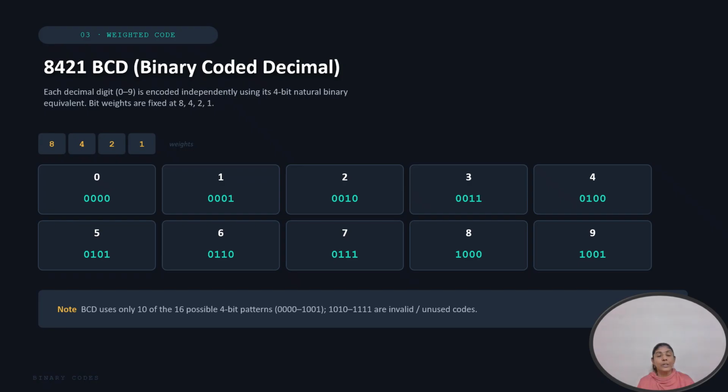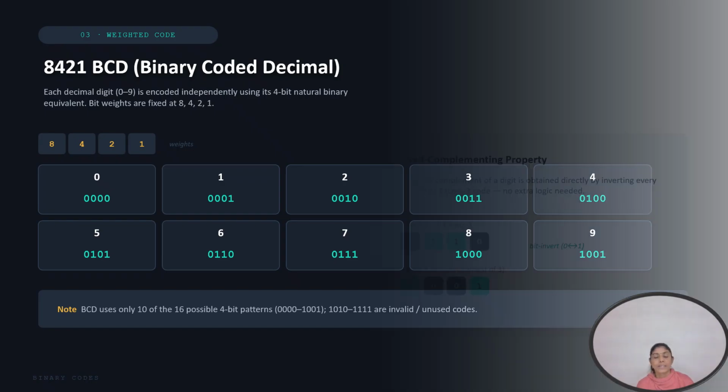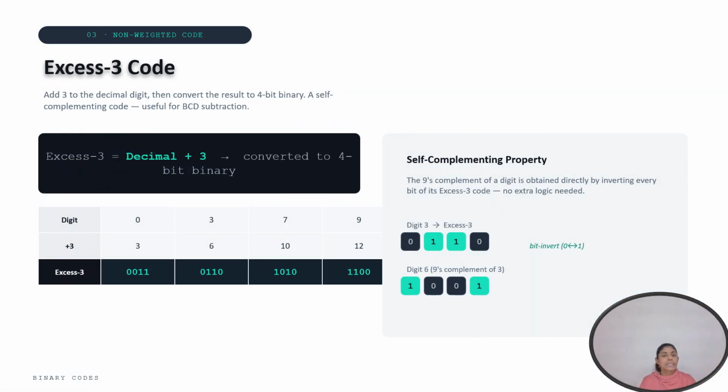So after 9, you represent 10 as A, 11 as B, 12 as C, 13 as D, 14 as E and 15 as F. But for binary coded decimal, that 10 to 15, A to F is not applicable. Those are invalid and unused codes. The allowed values are from 0 to 9. That is 0000 to 1001.